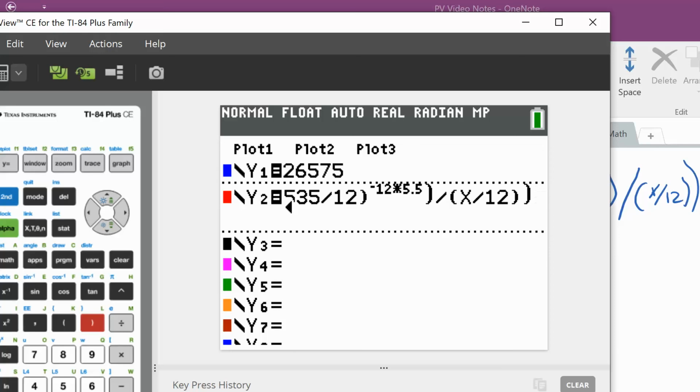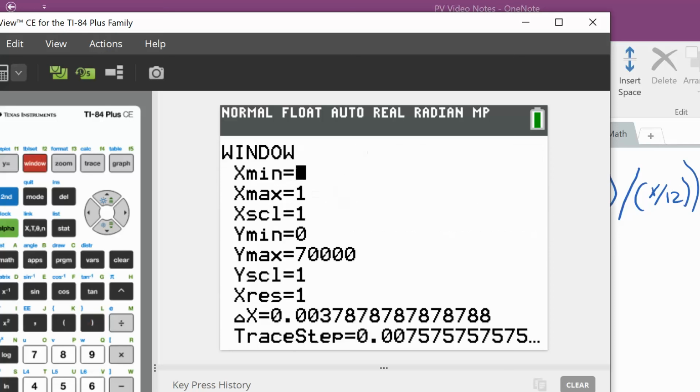There you go. Let's change our window. We have 0 to 1, 0 to 30,000. And then we'll graph it.